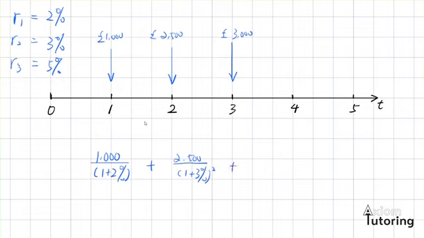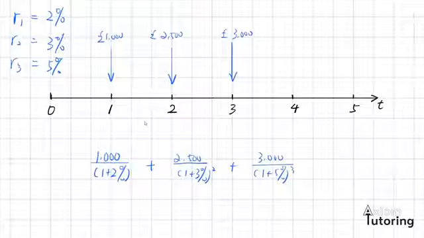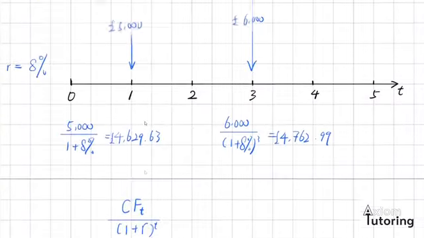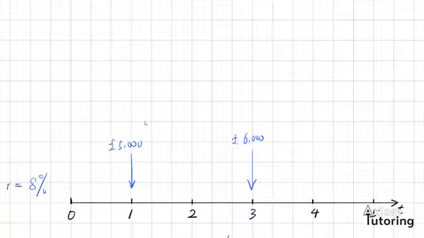And for the last cash flow, which is 3,000, I divide by 1 plus 5% to the power of 3. I only have to sum them up to give me the present value of this whole income stream. And knowing this calculation, you should be able to calculate different cash flows at different discount rates at any given point in time.